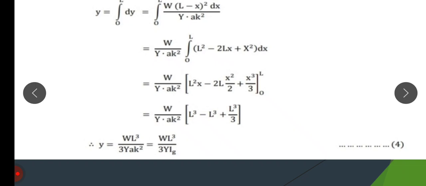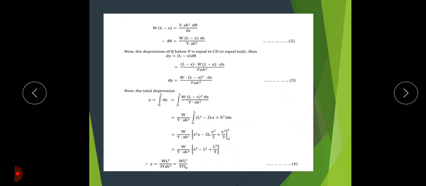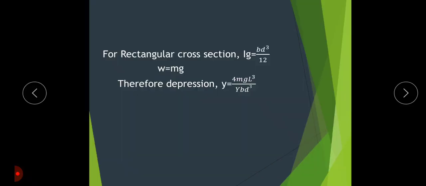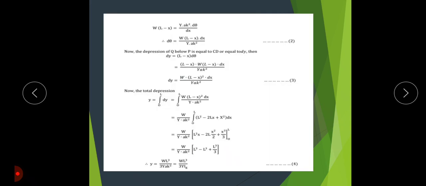Then next, therefore the free end of the cantilever is depressed by w L cube divided by 3 Y A k square, which is equal to w L cube divided by 3 Y into Ig.